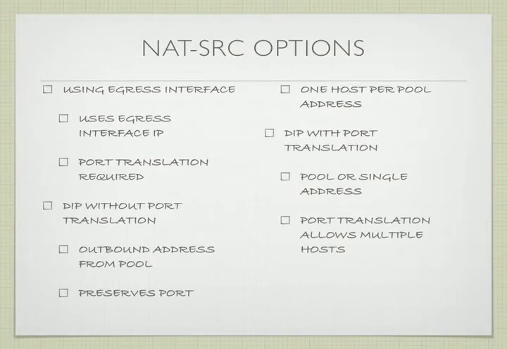Now the second way you create a DIP is to behave like this egress interface one, the DIP with port translation. You can again have a pool of either one address or multiple addresses, and it will do port translation, so you can use it for a single address for multiple hosts. So this with and without port translation is an important distinction, and it's a design distinction.